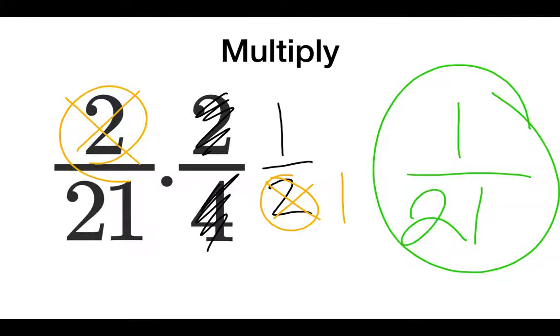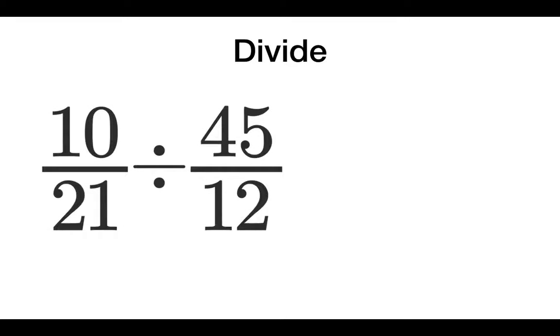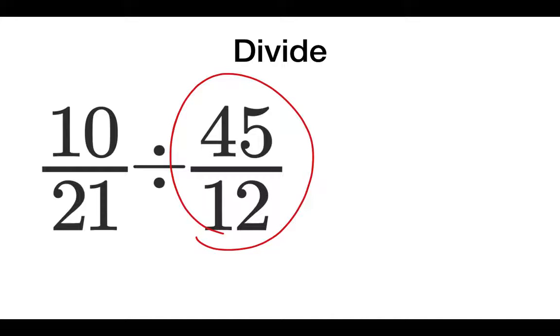Let's look at another example. So here we have 10 over 21 divided by 45 over 12. Now, if you see this little symbol right here, divided by, all that really means is that you're doing the exact same thing except for one small issue at first. The first thing we have to do is take this second term and find its reciprocal.